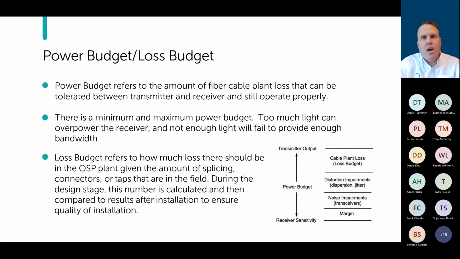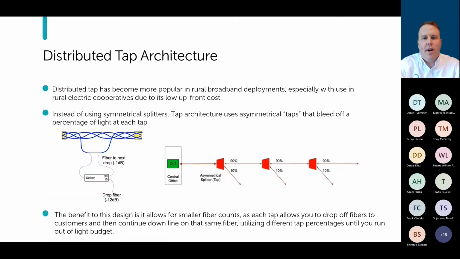Both of these work together to make sure you're getting the optimum amount of light to the customers. Going back to what makes that tap splitter different, we're operating off of a percentage. Every time you hit that next tap, you're dropping off a percentage. It's not just a set number.